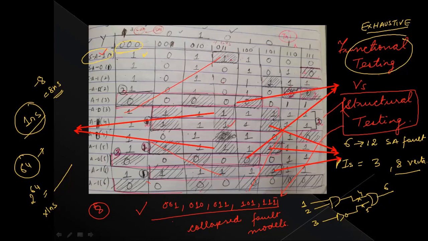So basically purpose kya hai iska? We are trying to reduce our simulation time which is used for applying the test vectors and simulating the circuit and identifying the faults.